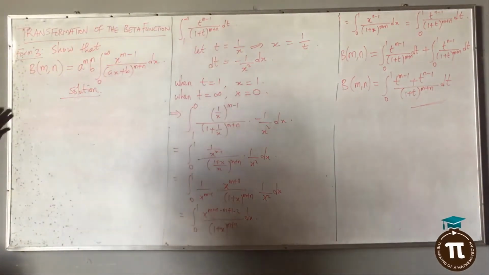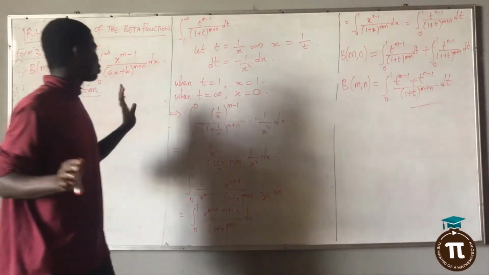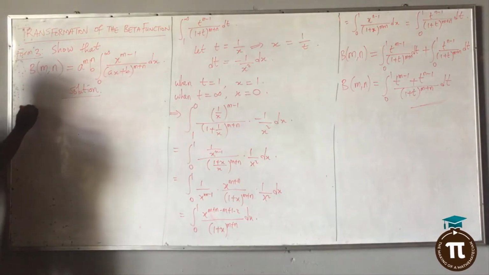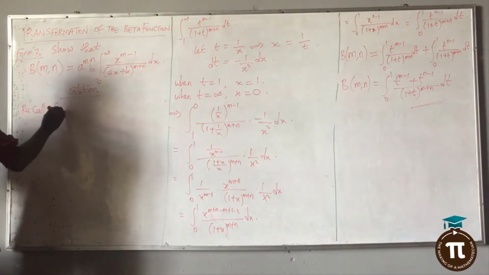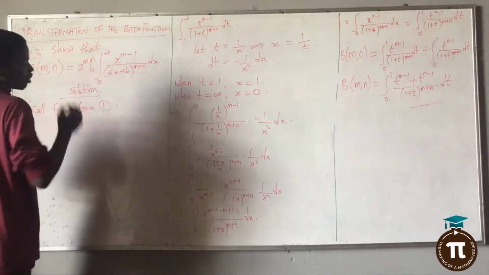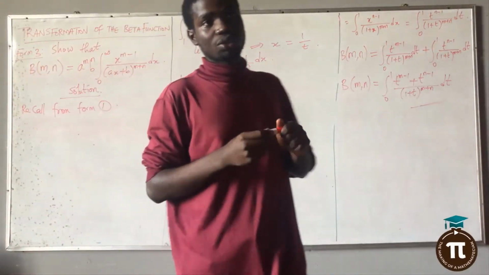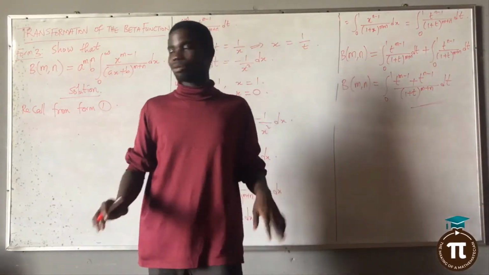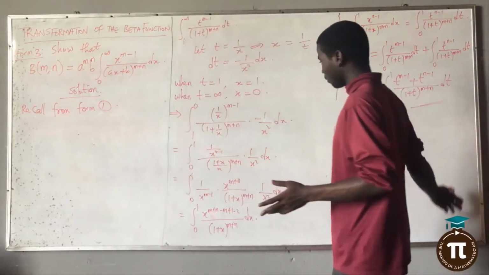So in this case, look at what we are going to do here. Recall from form 1. You need to know all those, form 1, form 2, form 3, so you can note them down, since I've rubbed it off.